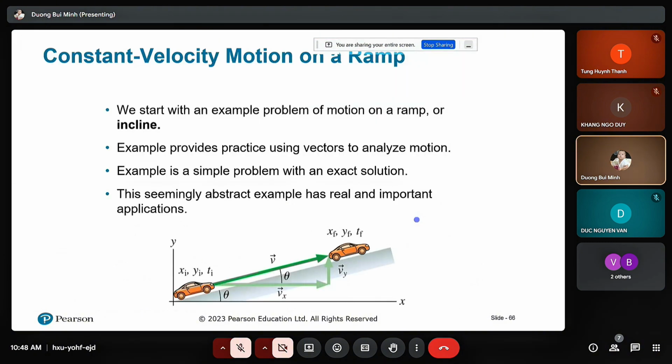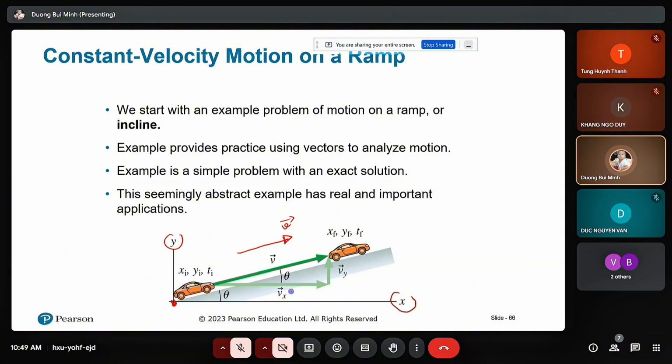Now this one. We consider this object. This is a car, and this is the moving direction, which is vector v. We need to choose the reference axis, with the origin at the starting point.